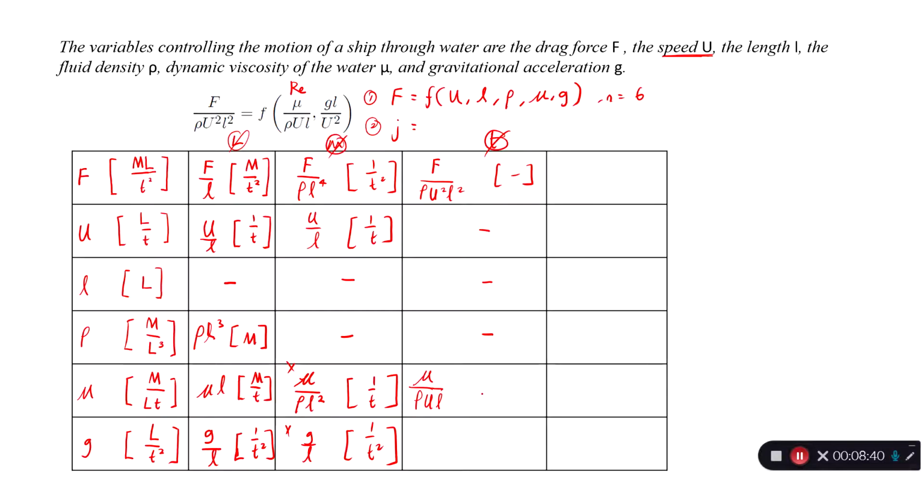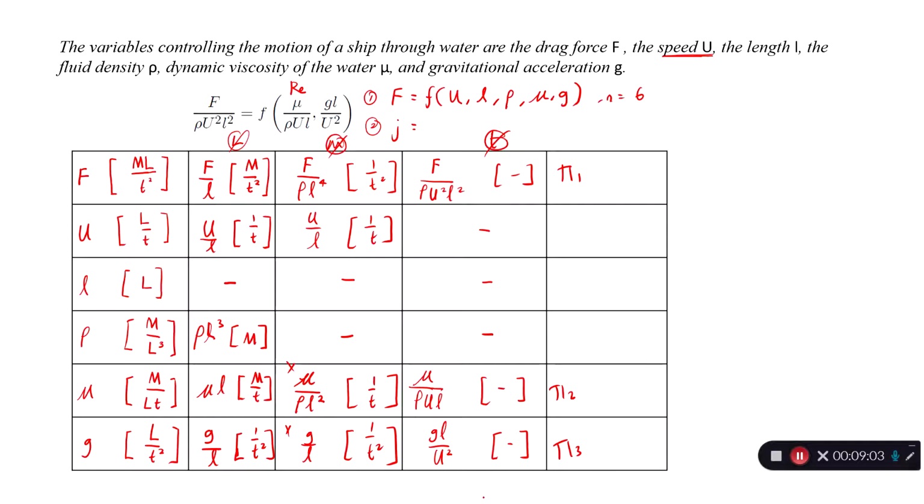Now you get this, so this of course will be dimensionless. And finally here you have g over L times L square over U square, so you have gL over U square, dimensionless. So this is your pi 1, pi 2, pi 3.